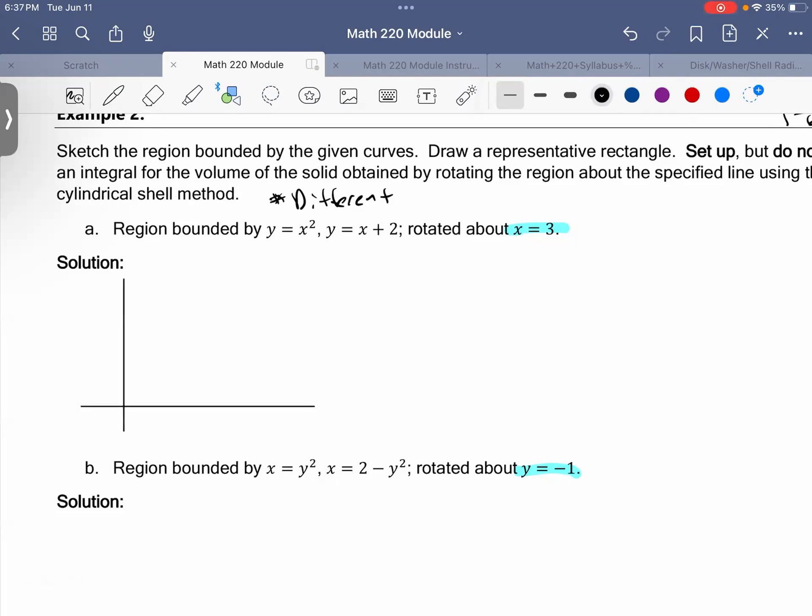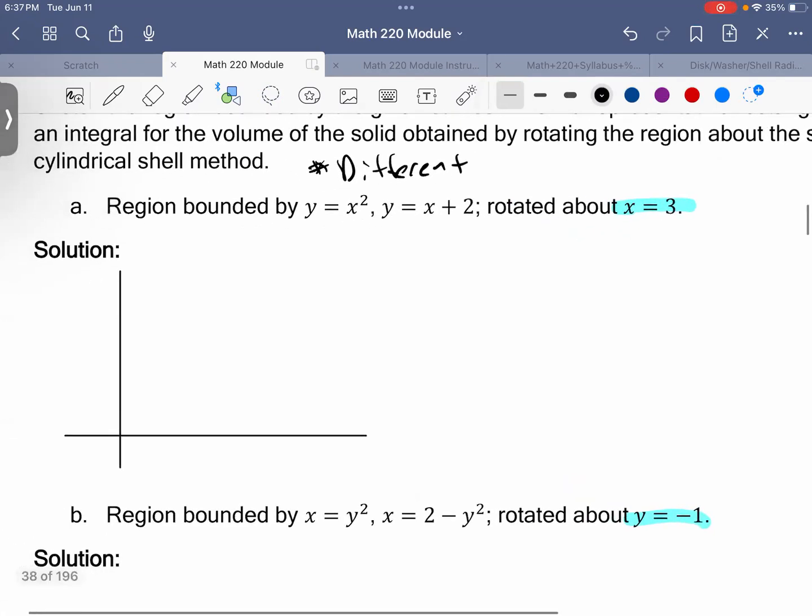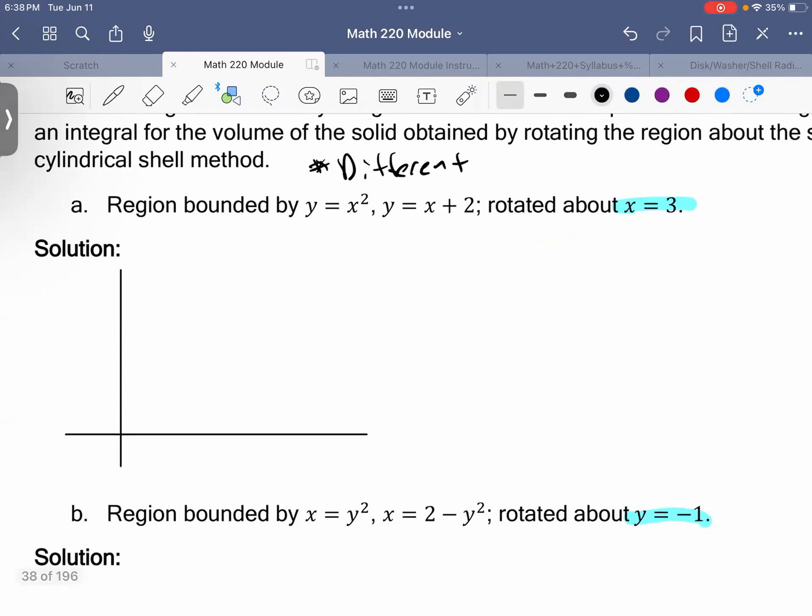Okay, let me zoom in a bit, and we'll have the tick marks go up to 1, 2, 3, 4, and 5.